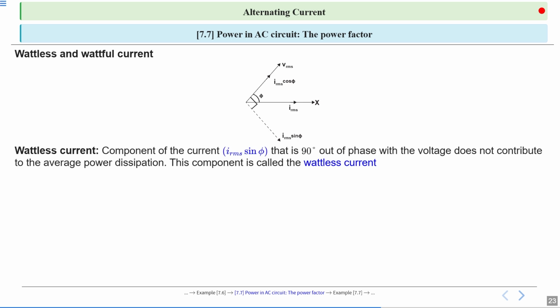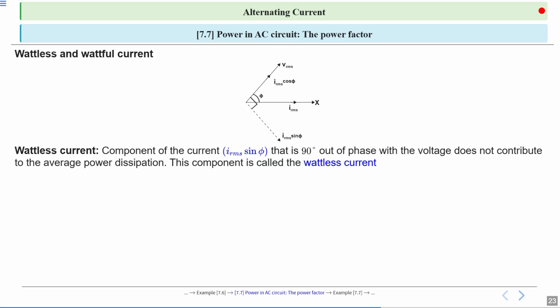So the wattless current component, IRMS sin phi, is 90° out of phase with the voltage and does not contribute to the average power dissipation. It is in pi by 2 phase difference with the voltage. That's why no power is being dissipated across the inductor or capacitor or in the circuit.